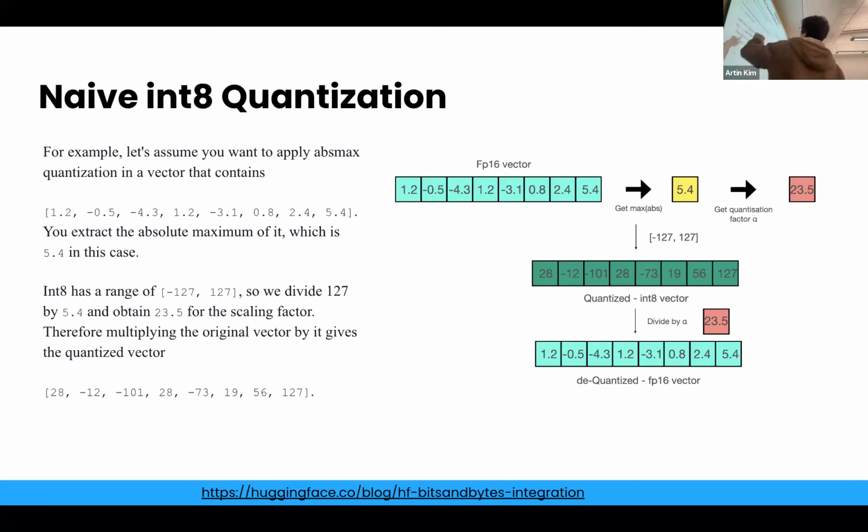Divide 127 by 5.4 and get 23.5. So I multiply 1.2 by 23.5, I get 28. Now I can store these as int8 representations. And when I want to do the calculations, I just scale them back and divide, and I get my actual weights. That's a naive way of doing it.